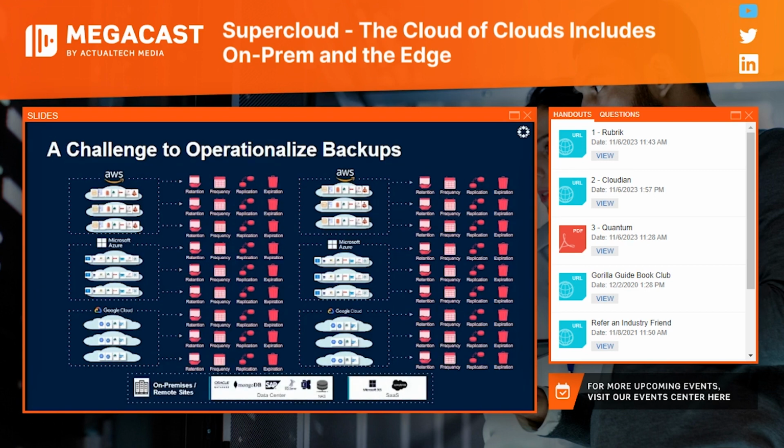So data protection and explicitly data security, the security of that data that's being protected and your ability to use those backups to actually recover from normal day-to-day backup recovery use cases, but also ransomware and malware, your ability to use all of that data becomes very, very difficult.